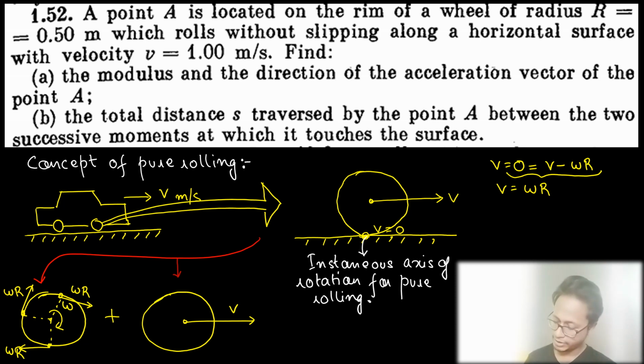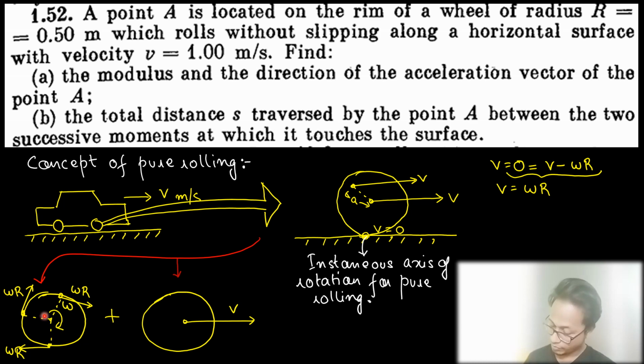Now suppose we take any arbitrary point, which is at distance a from the center of the wheel. What is the total velocity of this point? The total velocity is a combination of the translational velocity, which equals v, plus a rotational component.